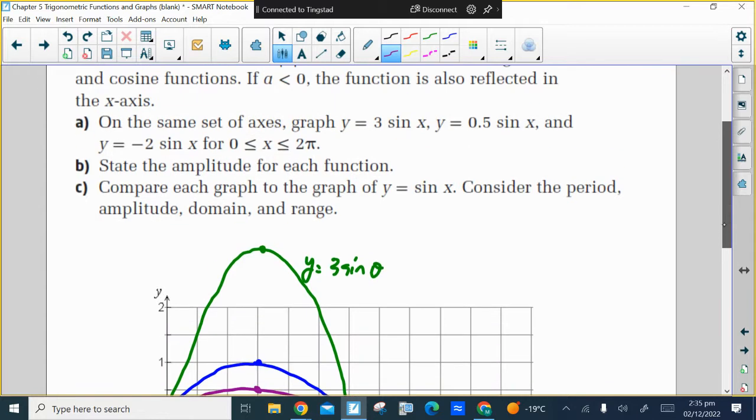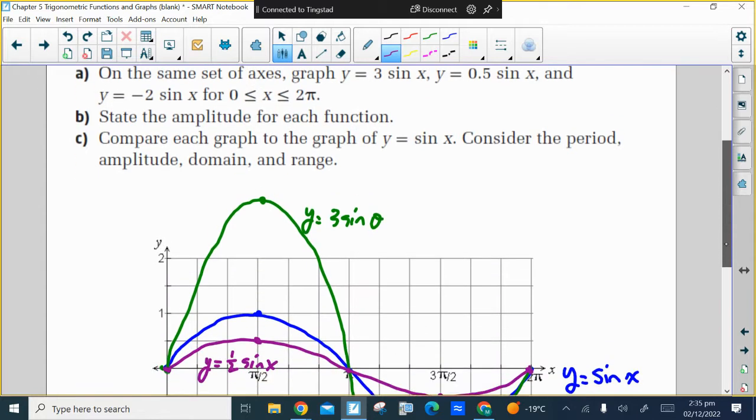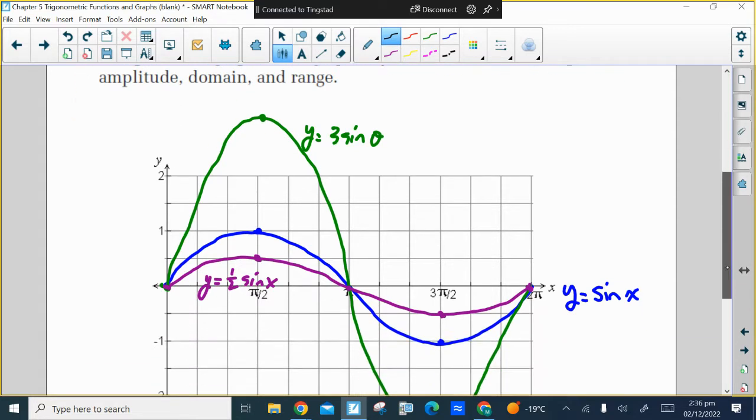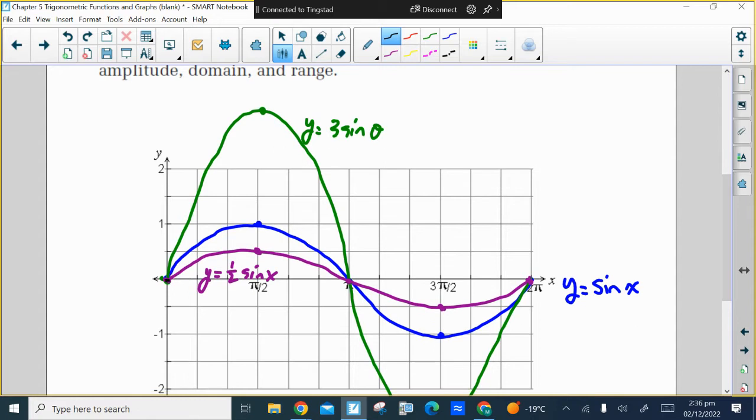And then finally, we're going to do the graph of negative 2 sine x. So here we have an a value of negative 2. That is going to do 2 transformations. It'll reflect it over the x-axis and vertically stretch by 2. We can do those two simultaneously by multiplying all the y values now by negative 2. Once again, the x-intercepts will be invariant.